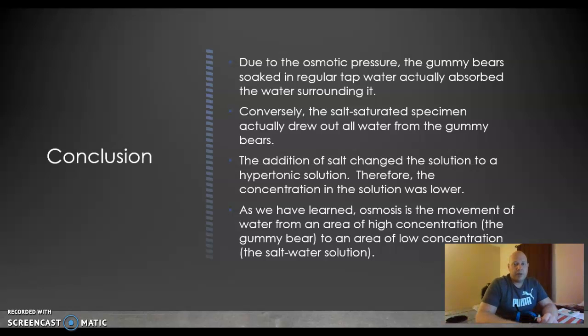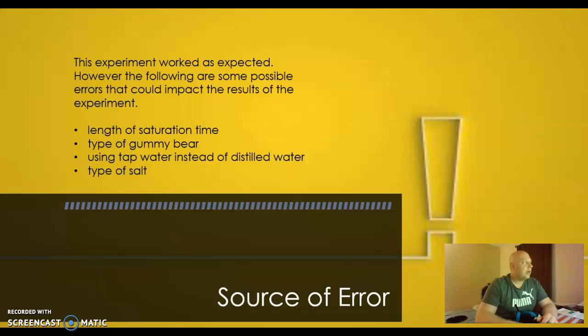Alright, and let's get to the source errors. So these are the things I think that could actually impact the experiment and where you might not get the best results. Maybe why we didn't see complete shrinkage. First is the length of saturation time. So I took them out at like a 6 and an 8 hour time period.